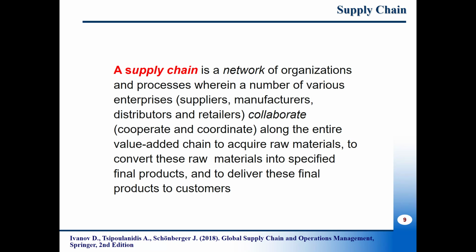It can be between suppliers and manufacturers, or manufacturers and distributors, or distributors and retailers, along the entire value added chain to acquire raw materials, convert them into specified final products, and deliver these final products to customers.